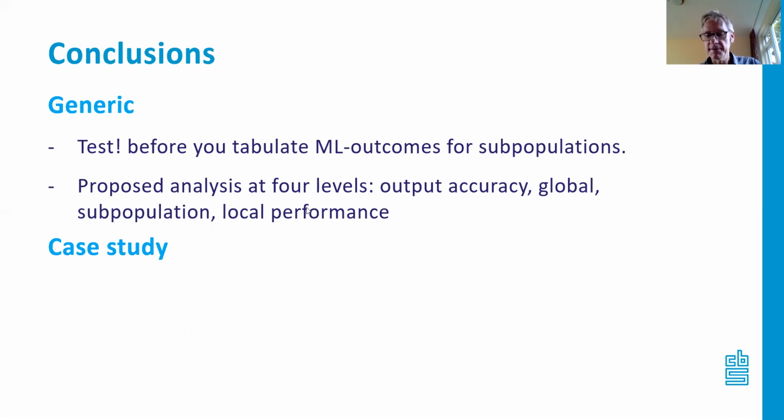But I haven't shown this latter point. Concerning our specific case study, unfortunately, retraining by crime type was not successful. It solved the bias problem, but it definitely didn't solve the problem that the accuracy of the model still varies by subpopulation.